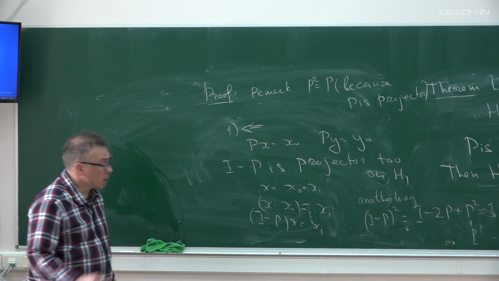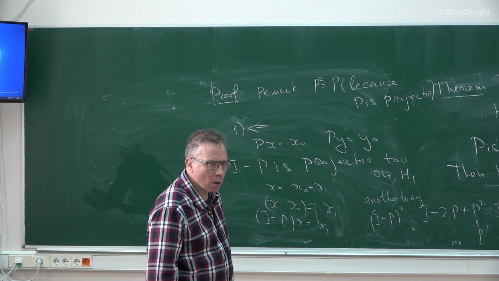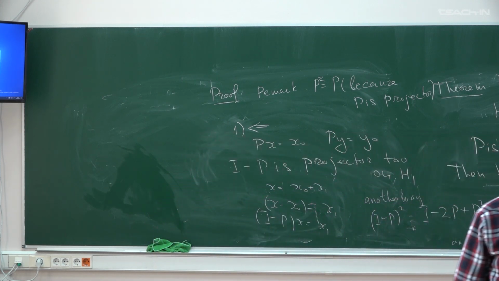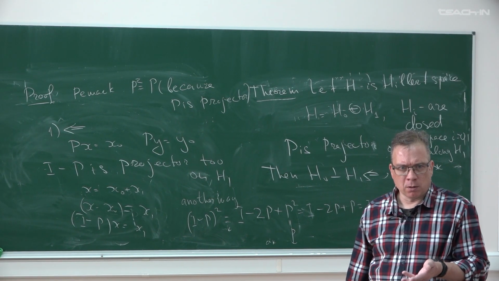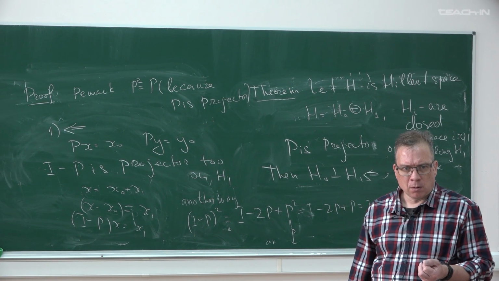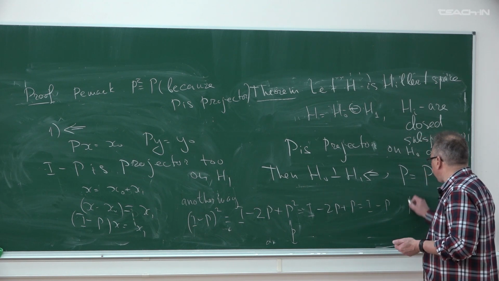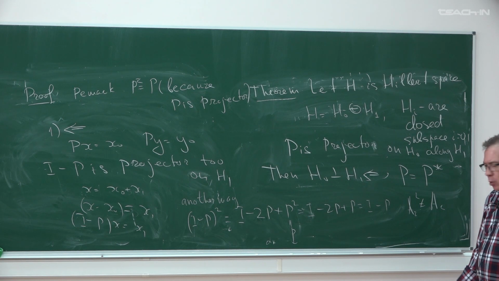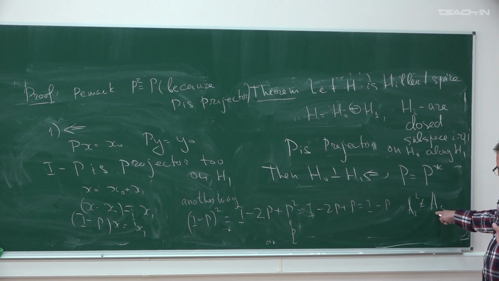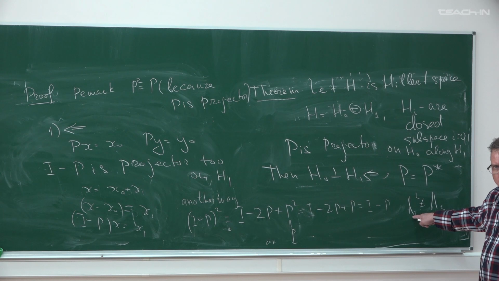Any operator P that satisfies P squared equals P is a projector, and no other. Just like the shift to the right does not satisfy this, for example, because it has only one zero component while its square has two zero components.